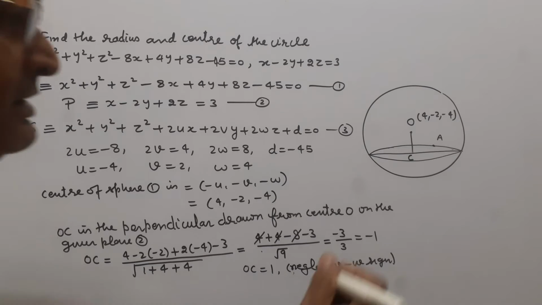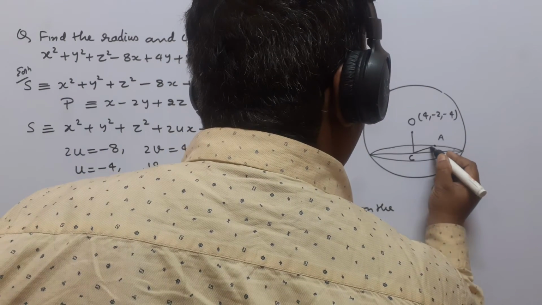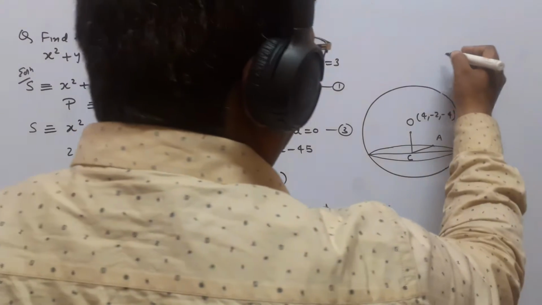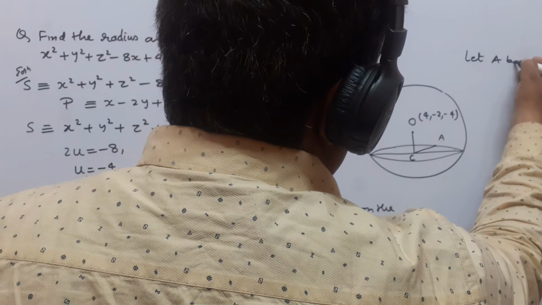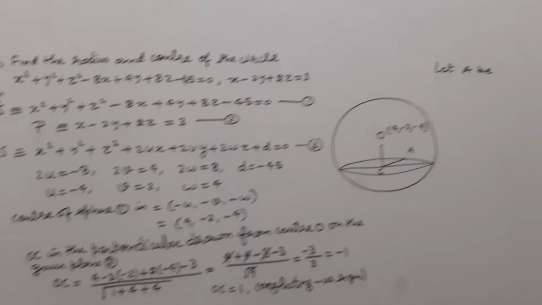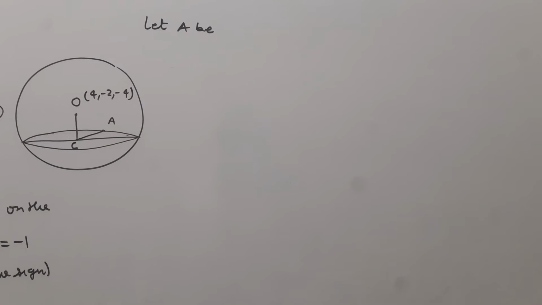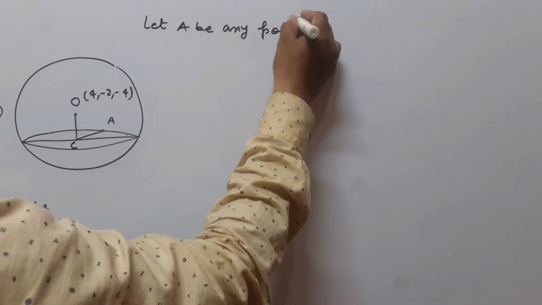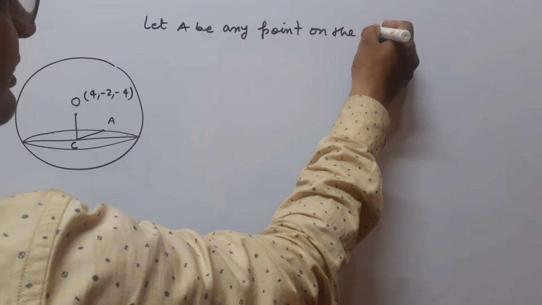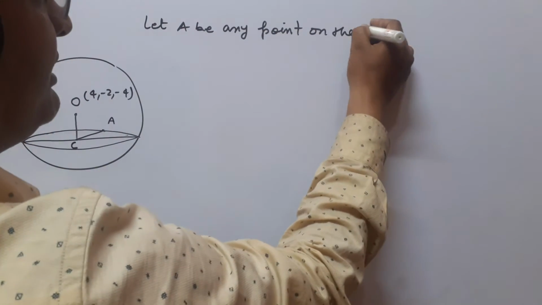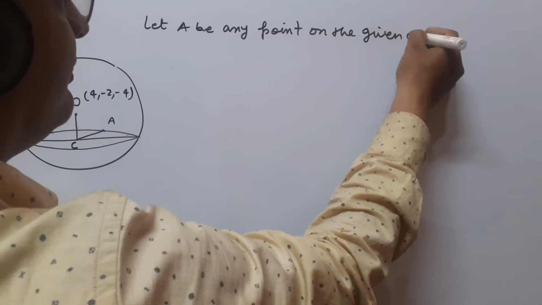Now we join the point A to C. Let A be any point on the given circle.